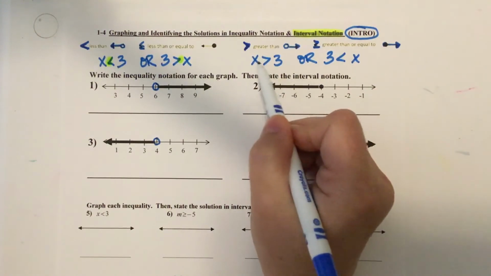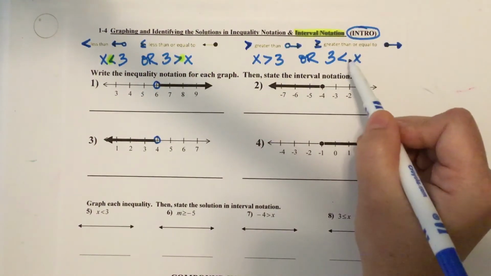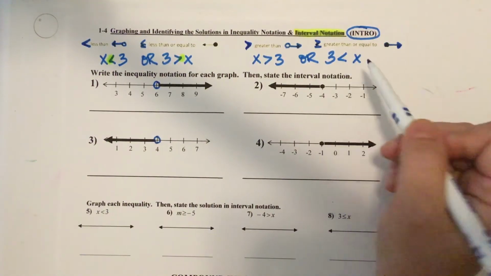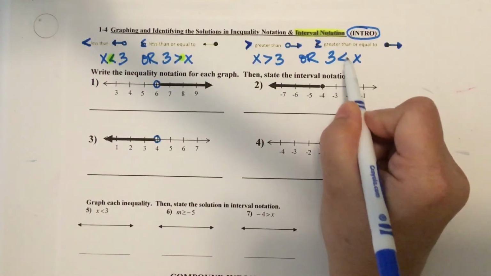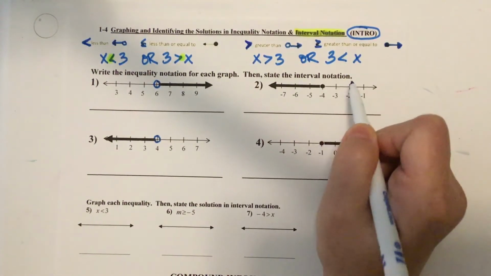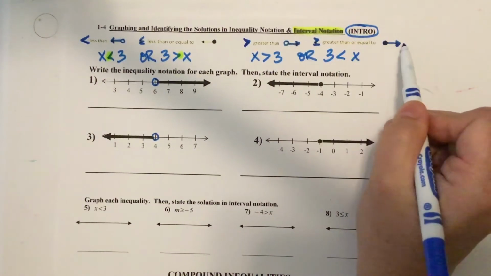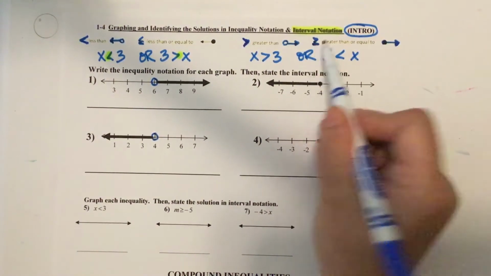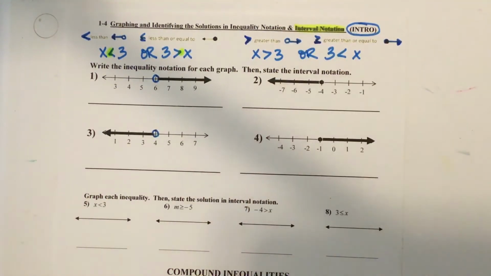Remember, the alligator eats the bigger guy, so that means x is greater. So if the big mouth is facing the variable, then you read it x is greater, and greater shades to the right. And once again, if there's an equals, it's a closed circle, and if there's no equals, it's open.